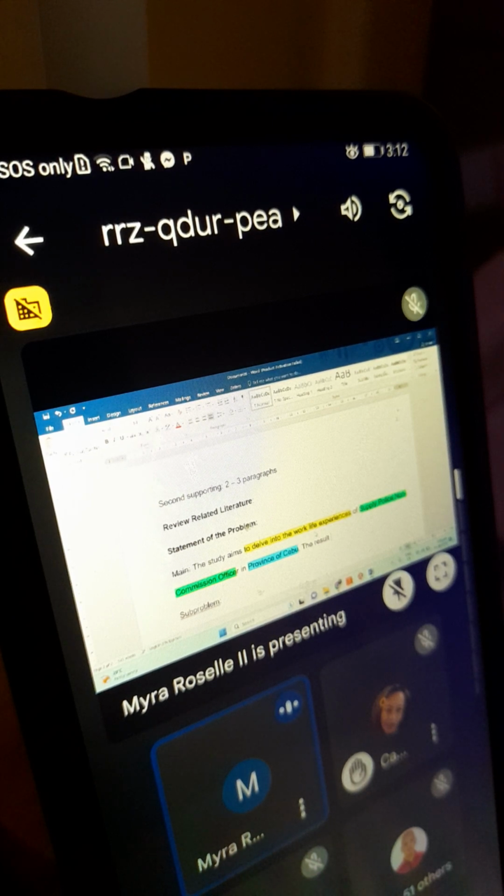This is true for BSBA and students. The result of this study will serve as basis for the proposed recommendation. Okay, you need this one. We will italicize this.